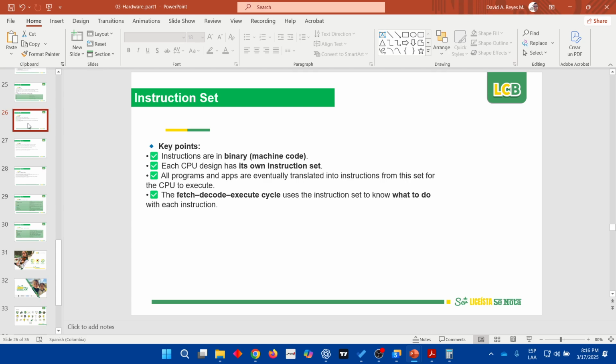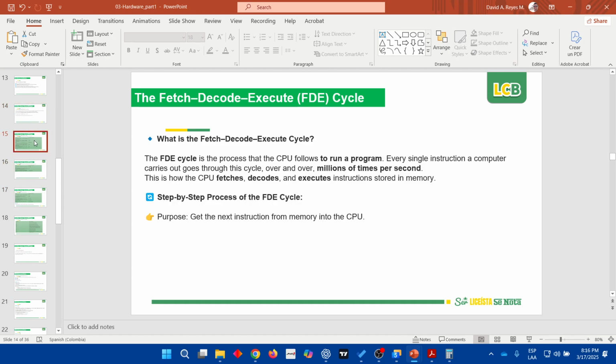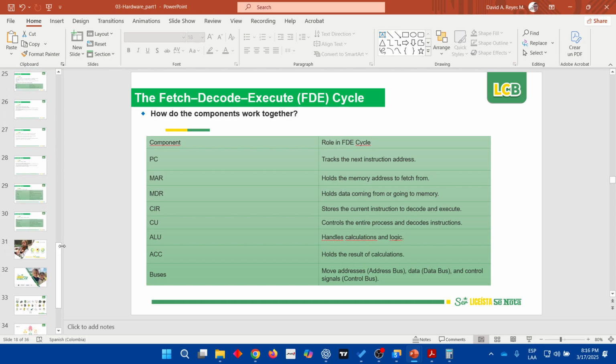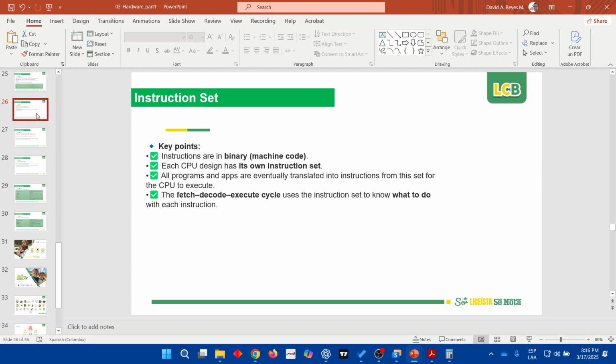The fetch, decode, execute cycle uses the instruction set to know what to do with each instruction. So everything that I talked to you about this part needs an instruction set to know all the processes that need to be executed.